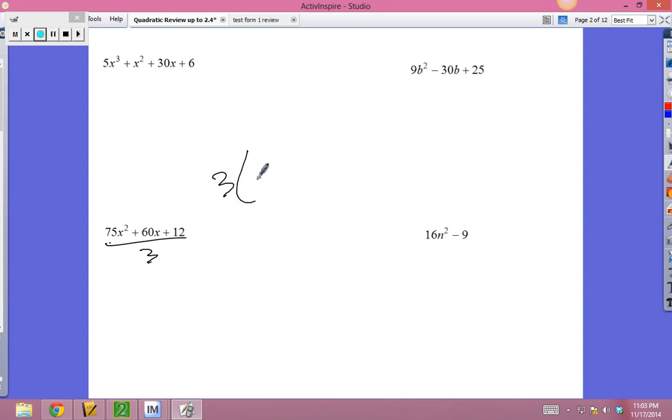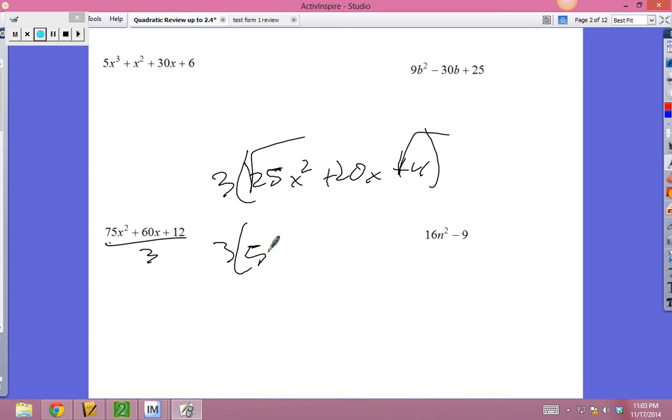So it's going to be 3 times 25x squared plus 20x plus 4. And now you like the 25 and you like the 4. So you don't worry about the middle, it's just what it starts with and what it ends with. So it's going to be 5x, square root of 4 is going to be 2 and 2, and it's going to be plus and plus. And the 20 is 5x times 2, that's 10x, and 2 times 5x, that's 10x, 10x, 10x, 20x.